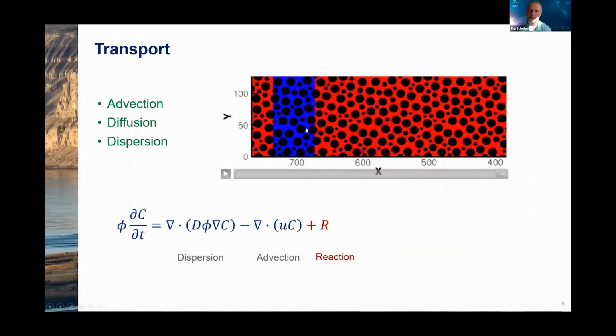Another example that shows us how these things work together is this simulation where the black circles represent the solid grains and the red spaces represent the pore space. And we've injected into this system a little bit of solute into this blue zone. As I move it forward in time, what you'll see is that we're going to allow diffusion to occur locally into the solid grains.